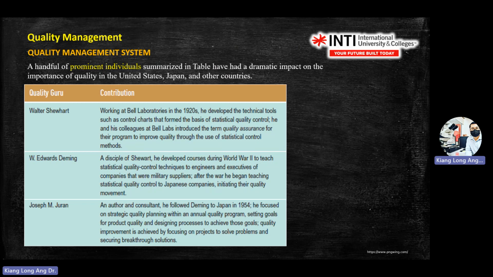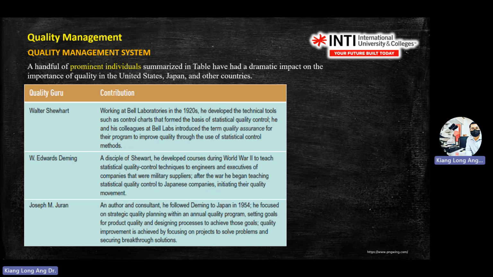The first one is Walter Stewart. This one is quite famous. We will keep seeing Deming, D-M-I-N-G. Deming is a guru for quality or the QS system. Joseph M. Juran is also another method. We will also learn his method later on. So these two are the most famous ones.